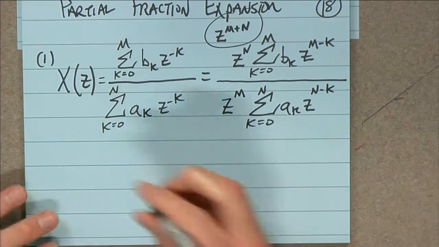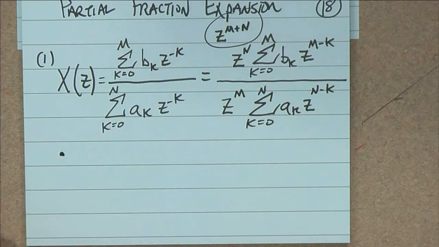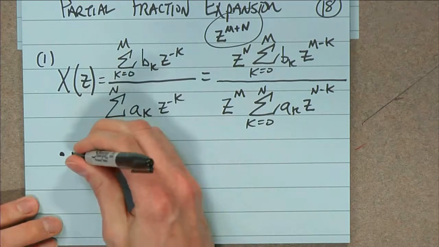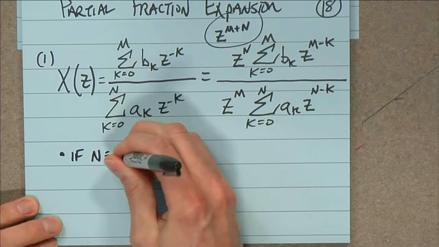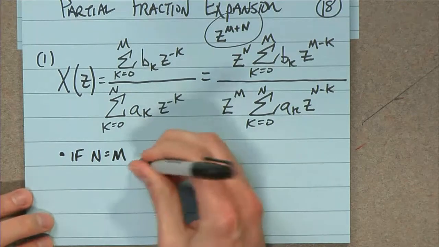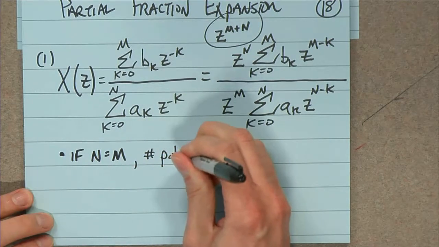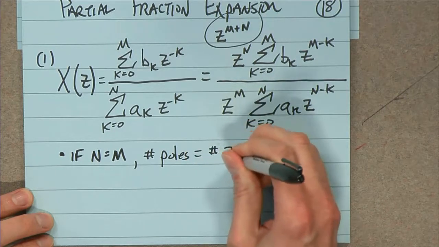So you got 3 cases here. So if n equals m, number of poles equals number of zeros.